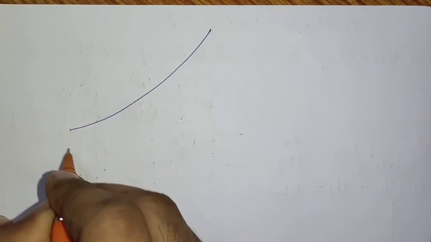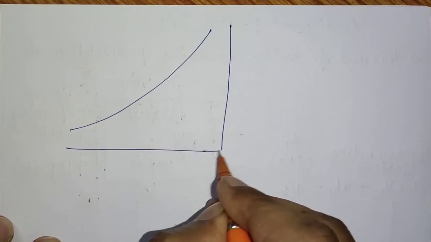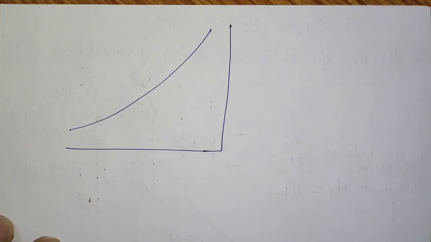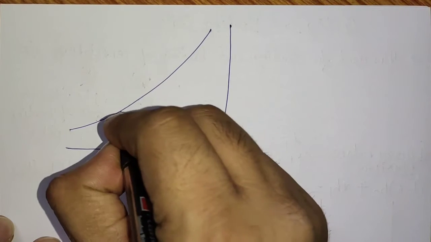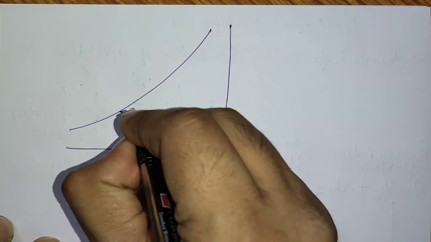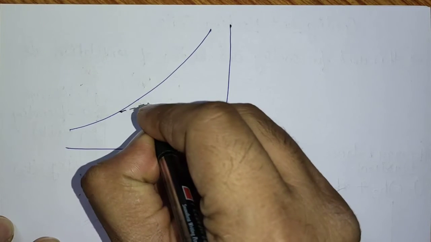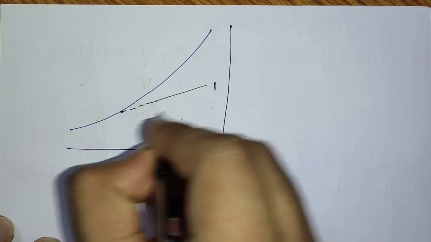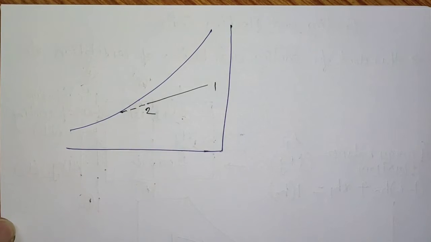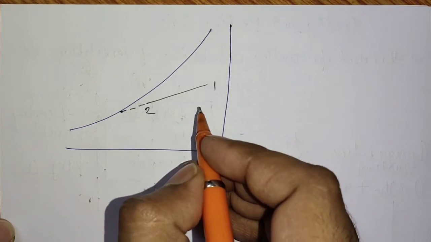Now if we draw the psychrometric chart and try to represent the above mentioned process, then the psychrometric chart will be something like this. Corresponding dry bulb temperatures are T1 and T2.